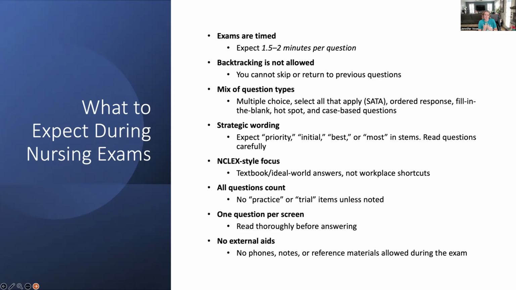And then the case-based questions, these are kind of the new next gen NCLEX. It'll actually present you with a little patient chart. On this page, it'll have vital signs. This page, it'll have lab values. This page will have nurses' notes, and you can click through the different areas of the chart, and you might answer 3, 5, 10 questions based on that patient's chart.